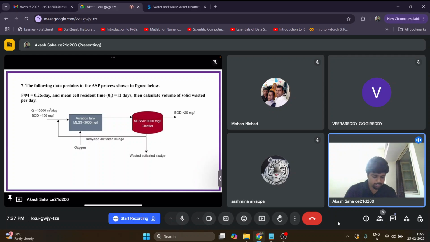So we have to calculate what is the volume of solids that is wasted per day. The schematic is also given. So just try to answer, take a minute or two, and then tell me what is the correct answer. I'll wait for a minute or two. You try to solve it, then we'll discuss.